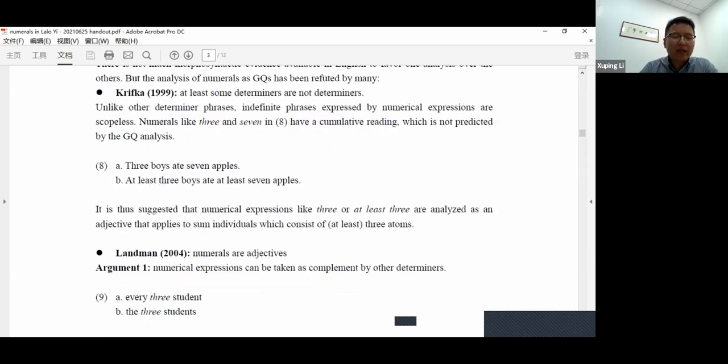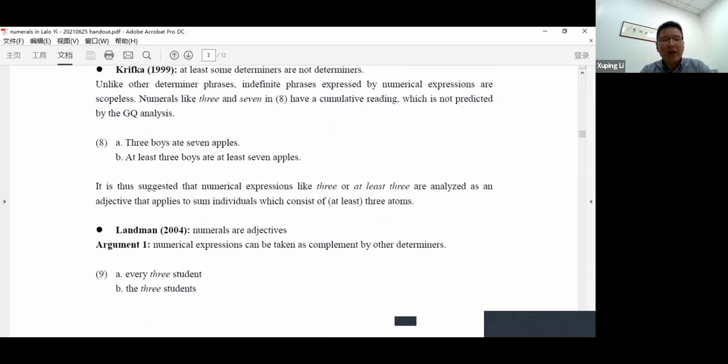Also Landman in 2004 presented 2 arguments against the GQ analysis. The first one is that number phrases can actually be complemented by determiners. We can see "every 3 students", "the 3 students". So if "3 students" were a determiner, then how would "every" and "the" make their semantic contribution?